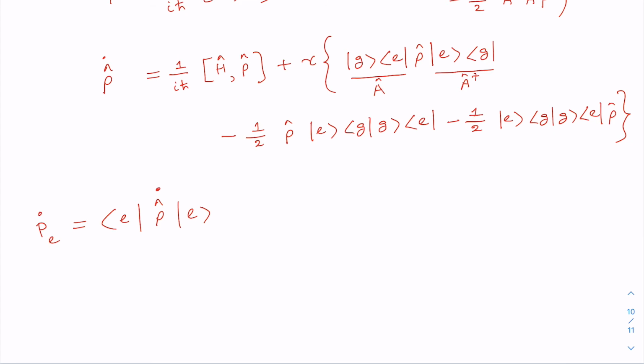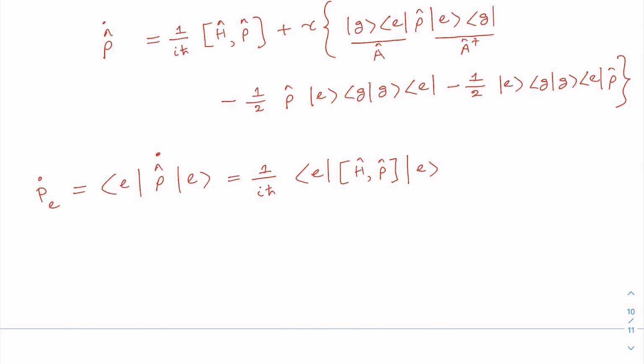So we can work it out very easily. First term will go to 0 because this Hamiltonian is diagonal in the e-g basis. I will explain it, but first let me write it down. I am multiplying from one side.